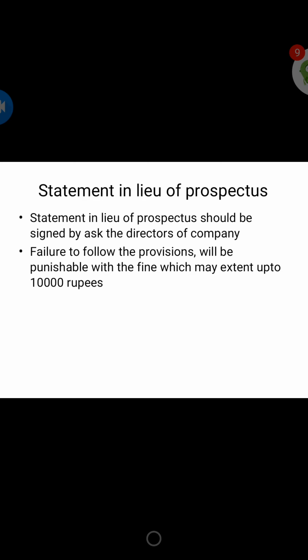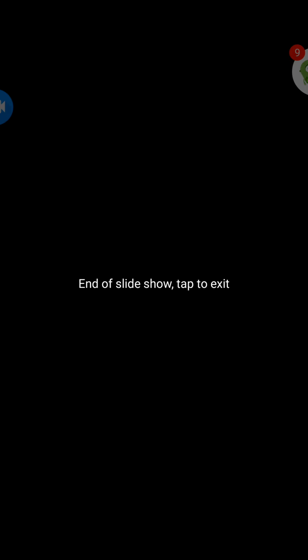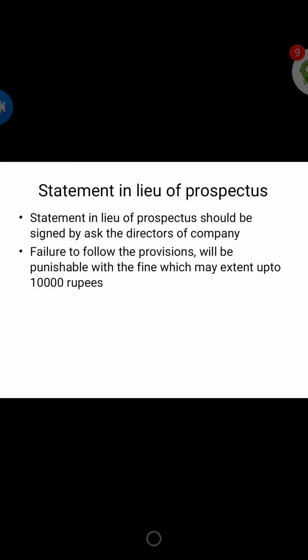We have said this statement should be signed by the directors and filed with the registrar at least 3 days before the allotment. So a signature should be there. When you put your signature, it means you are responsible. Suppose you fail to follow the provisions, you will have a fine of up to rupees 10,000.